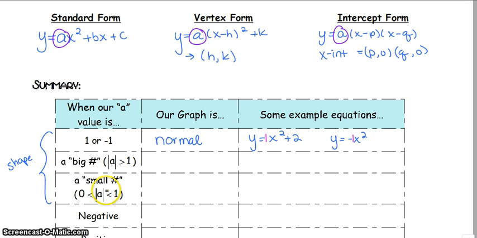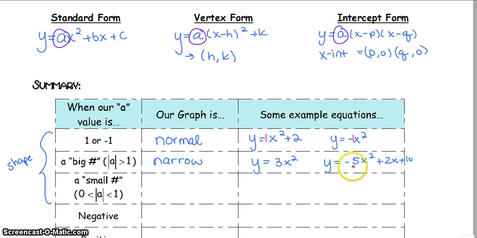If it's a big number, absolute value greater than 1, then it's going to be narrow because it's growing at a faster rate. So we could have y equals 3x squared, or we could have y equals negative 5x squared plus 2x plus 10. What matters is the fact that that number is greater than 1.